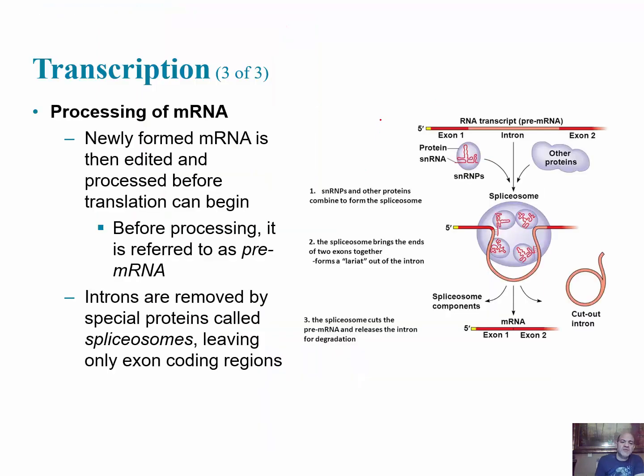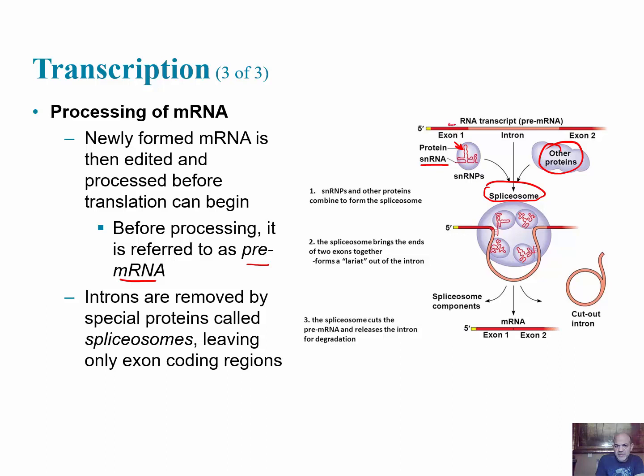So once we finish, we actually don't have a mature mRNA. We have pre-mRNA, so it needs to be processed, and that's where we're going to cut out the introns. What's going to help do that are complex structures made with small nuclear RNAs and other proteins, which come together to form our spliceosome here.